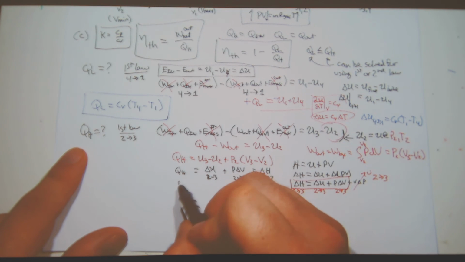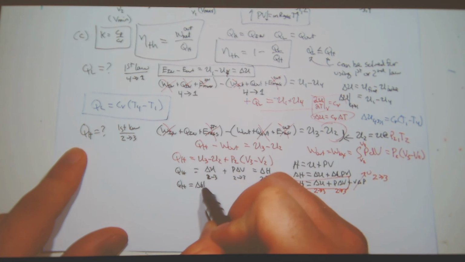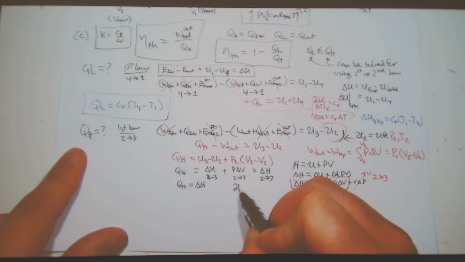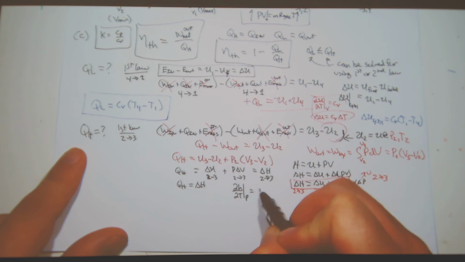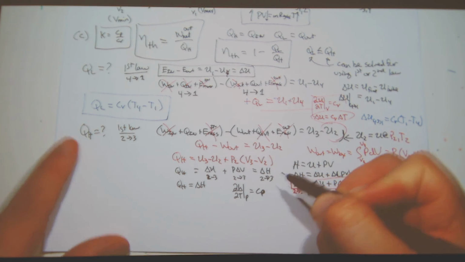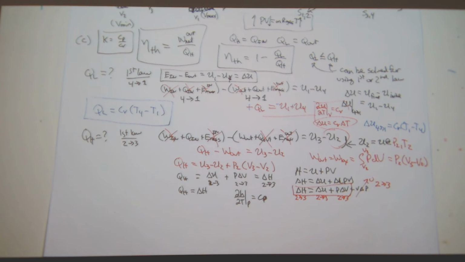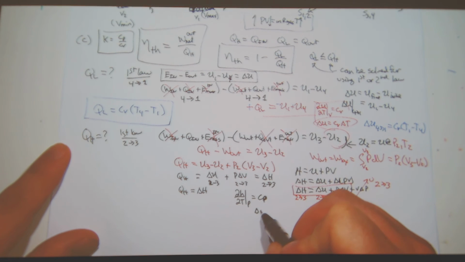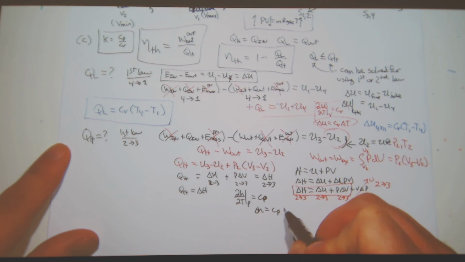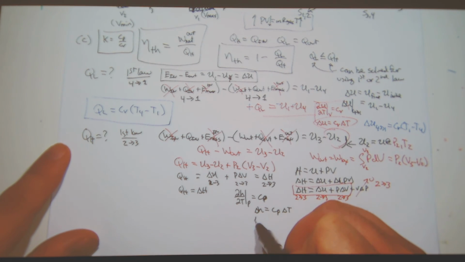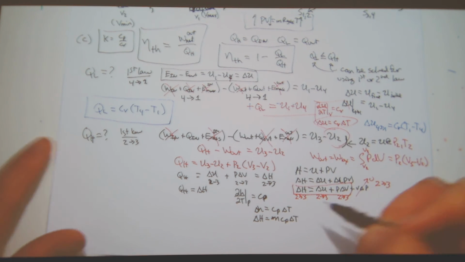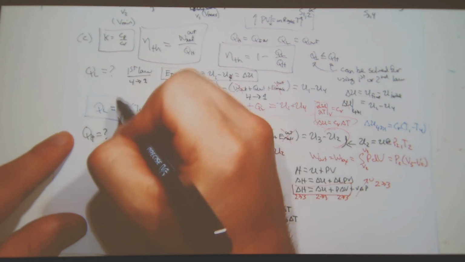So I got QH is equal to delta H, and the partial of H with respect to T at constant pressure is equal to Cp. So my QH, or I can write it as, I'm messing around with small h and big H. So my delta h is equal to Cp delta T, or my delta big H is equal to the mass times Cp delta T. Should put a mass up here.